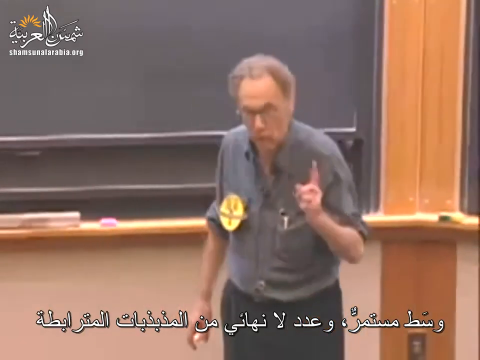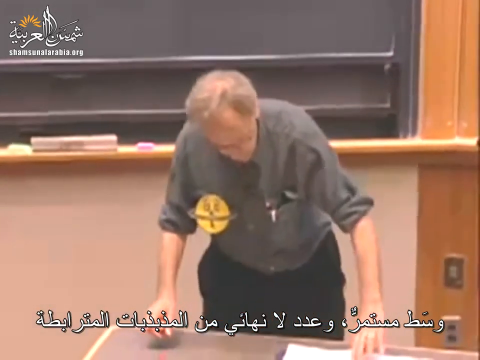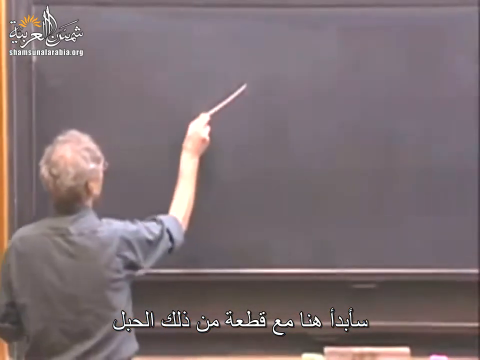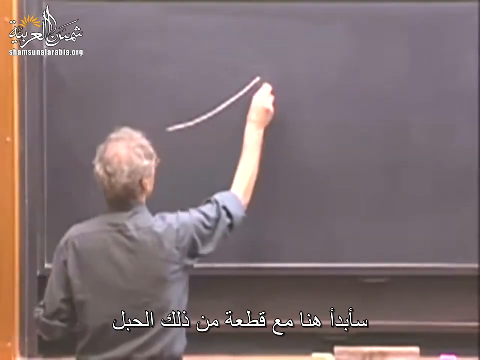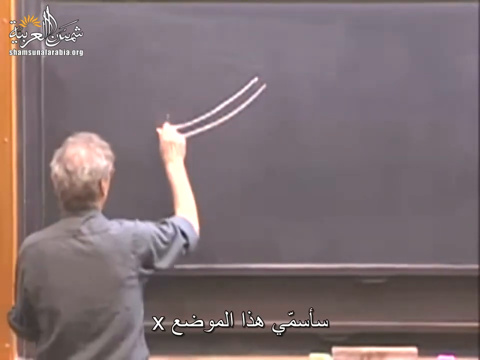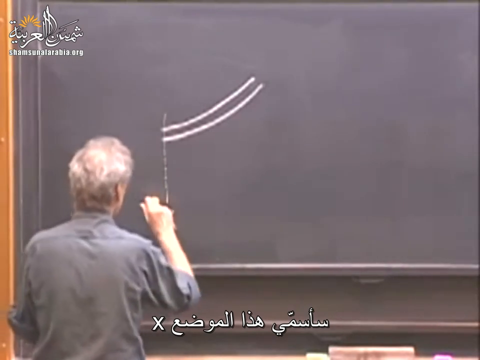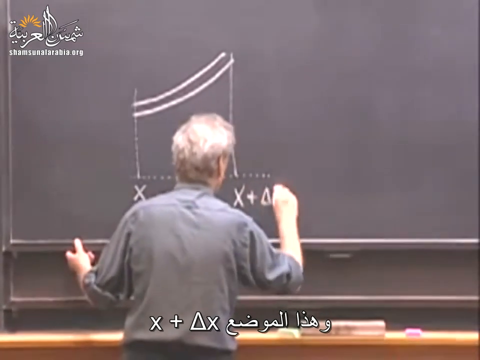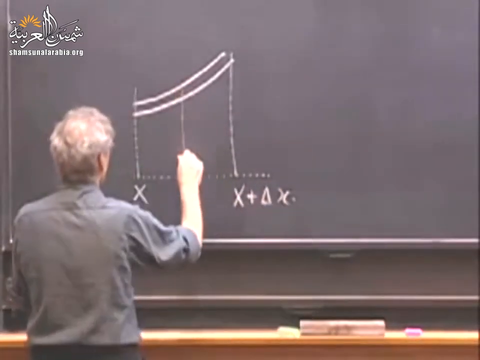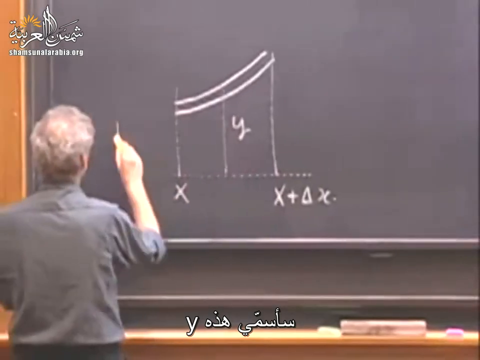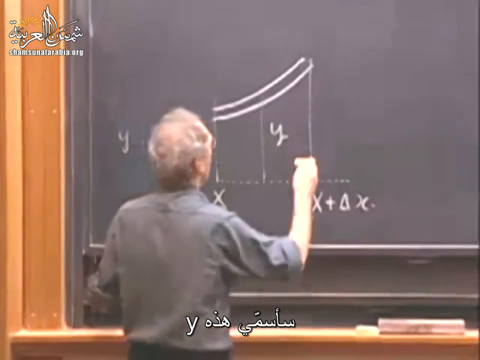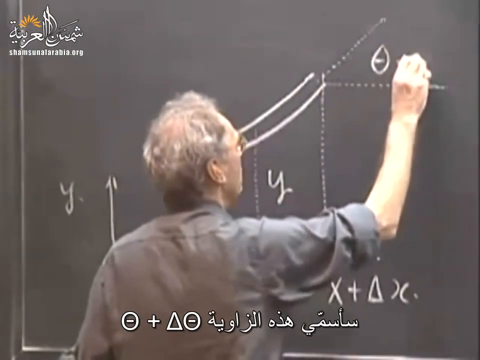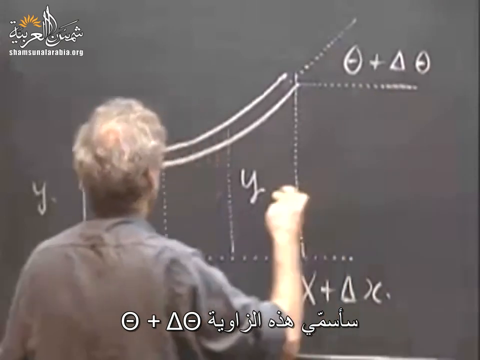Continuous medium, infinite number of coupled oscillators. I start here with a piece of that rope. Let's call this position X. And I call this position X plus delta X. I call this Y. I call this angle theta plus delta theta.